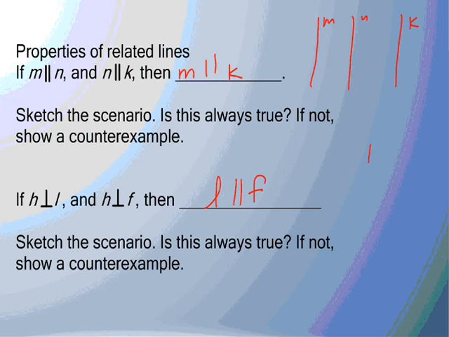So we've got line H here, and it is perpendicular to line L, and it is perpendicular to line F, and therefore these 2 lines are parallel to each other. Well, in this situation that I've drawn, that is exactly right. These 2 are parallel. But there's something critical missing here to make it always true.